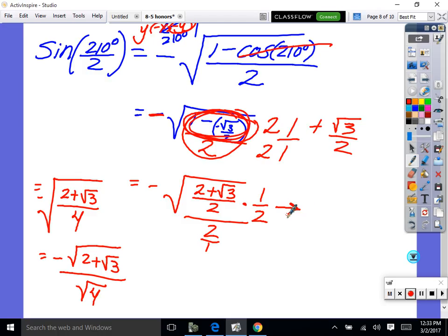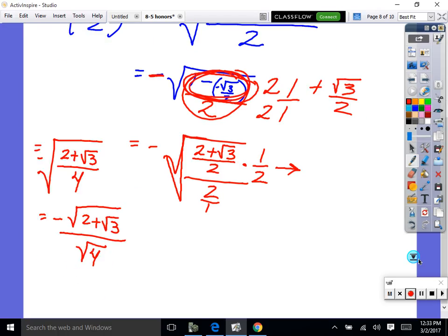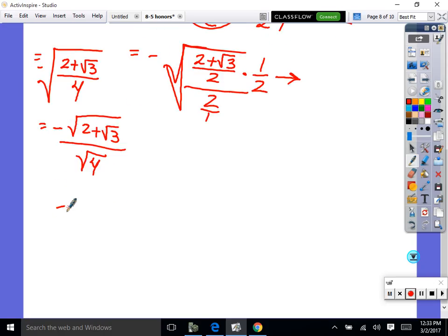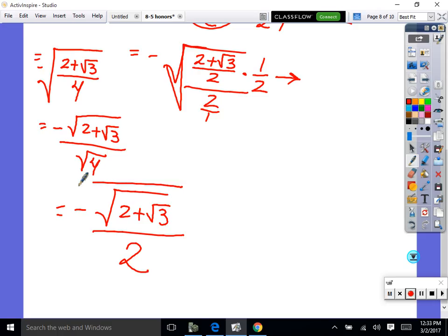So then our answer is negative square root of 2 plus root 3, which doesn't go any further, divided by the square root of 4, which is 2. So that would be our exact answer.